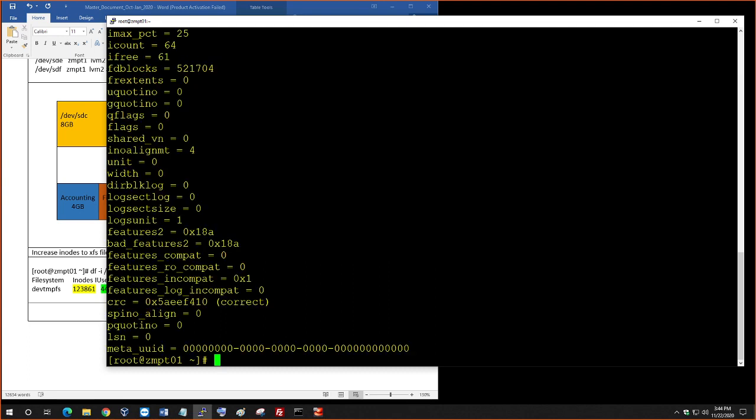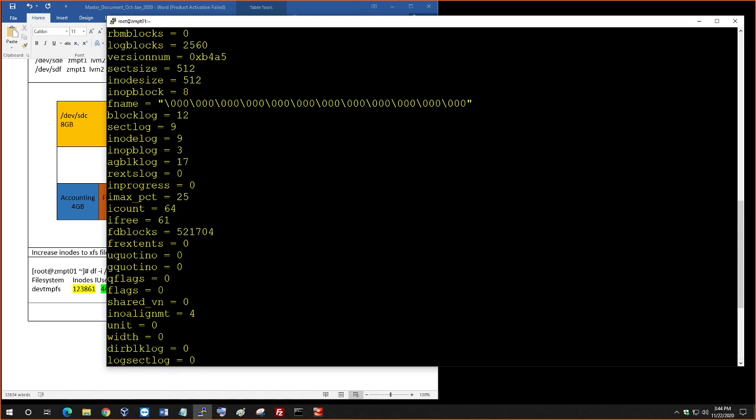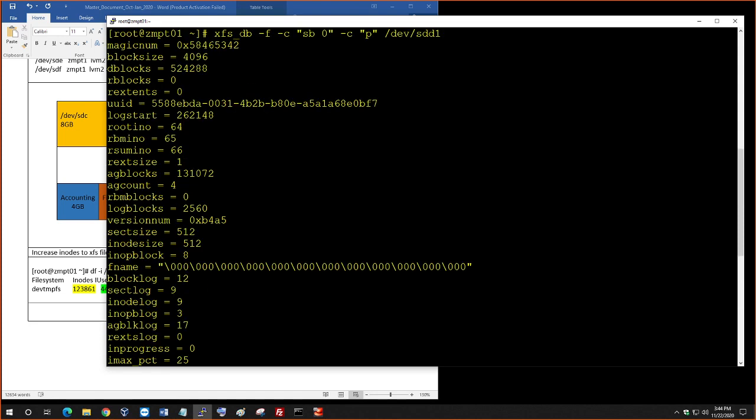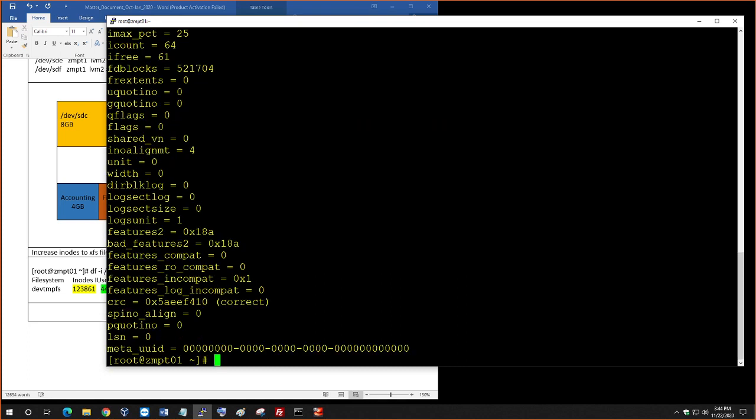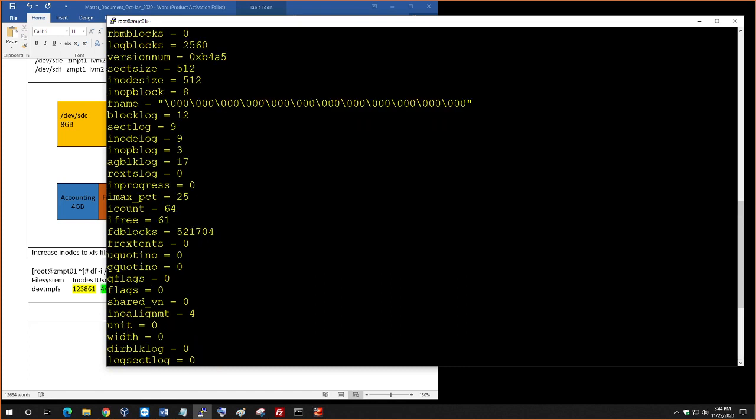So look for this here, imax percentage. Okay, the count is inodes, log, inode size is 512 and it should give us the inode number.